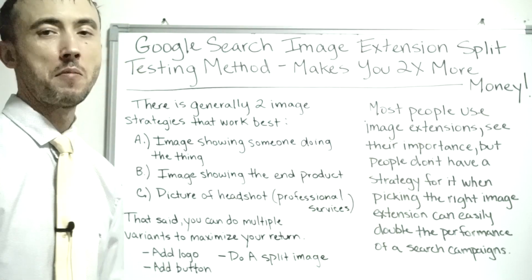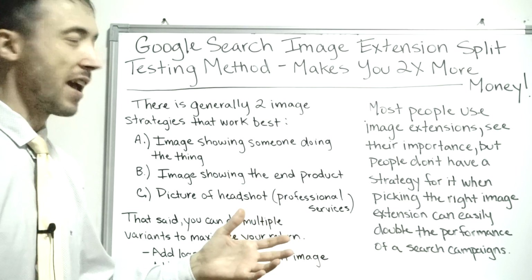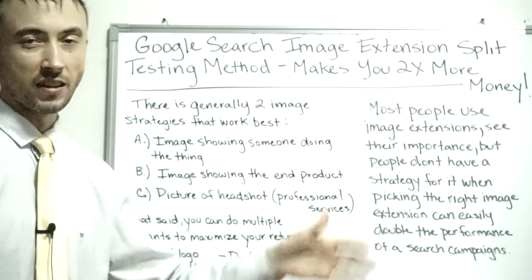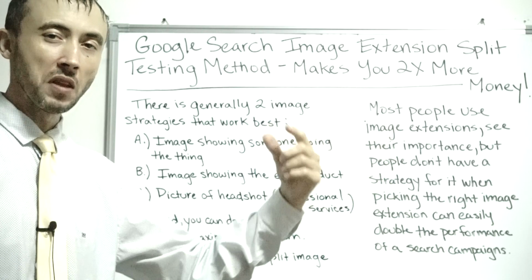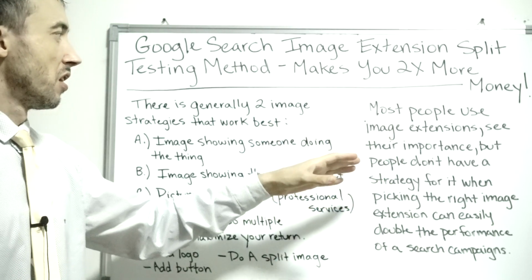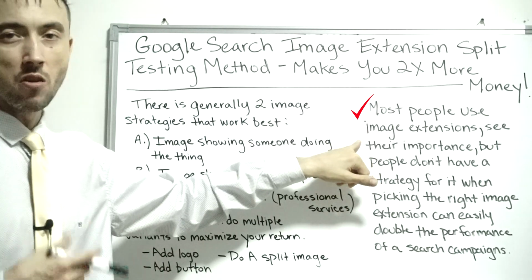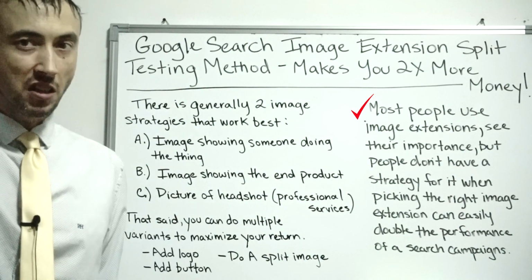Most people use image extensions, which they're technically called image assets now. I hate the fact they keep changing their names on everything. But we're talking about the image that shows up next to the search ads here. Now, most people know the importance of having this image on here. You could know nothing about Google Ads, see your competitors have that image and know that that's going to be important.